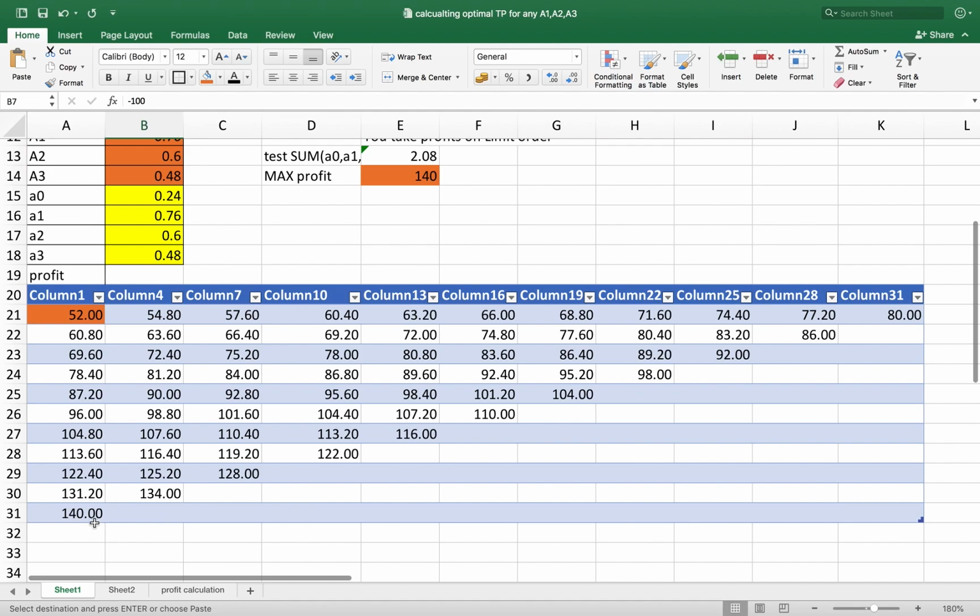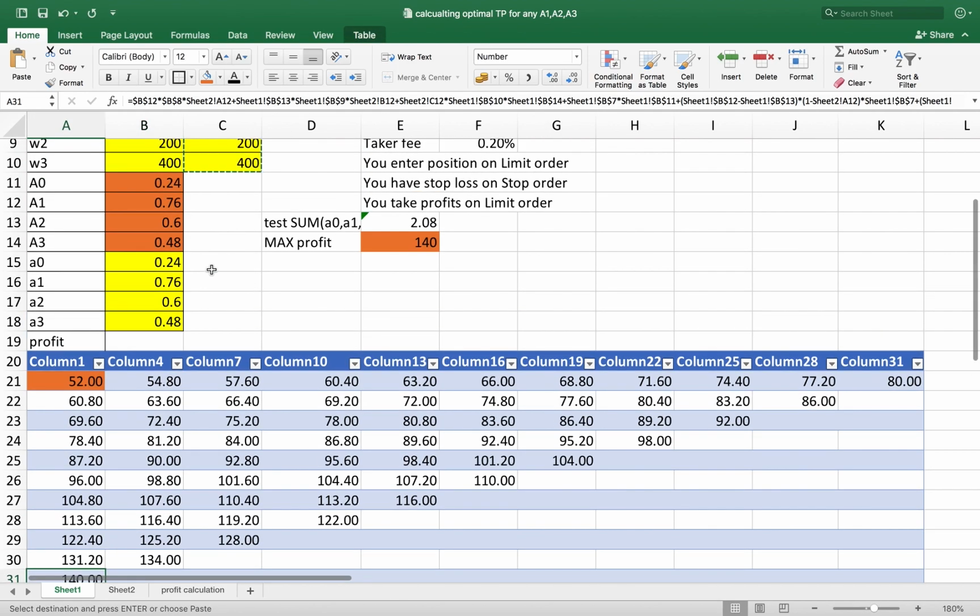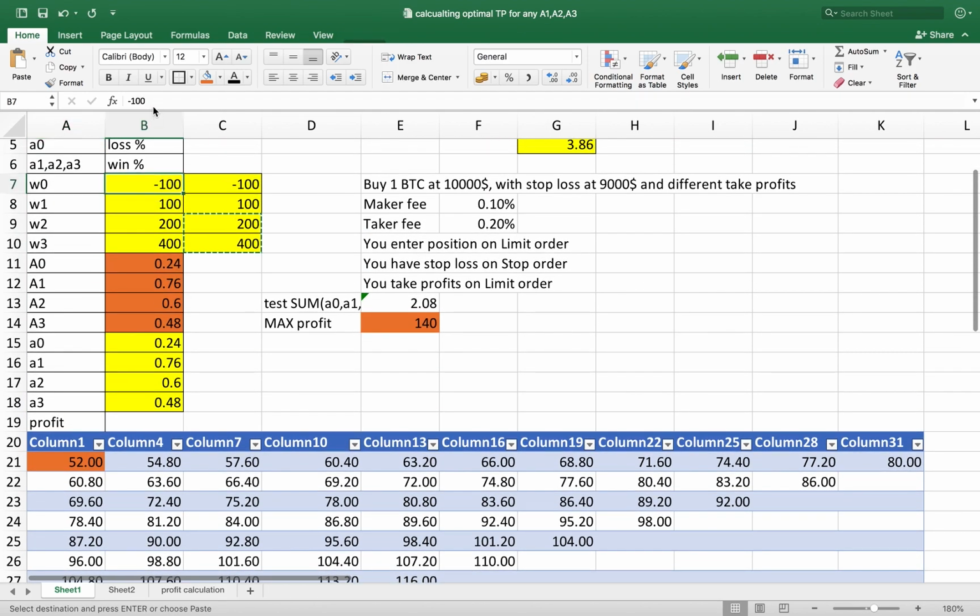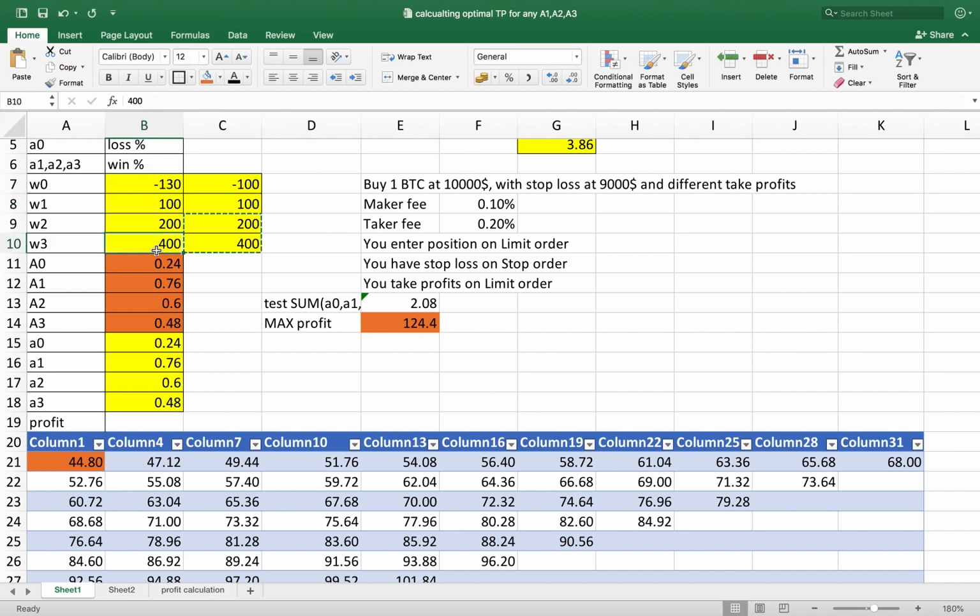Without fees, I can expect $140 return. But with fees, and let's say again, we entered position with limit order, we have stop loss on a stop order. So if we lose, we actually lose 130. And if we gain, we actually gain 380.